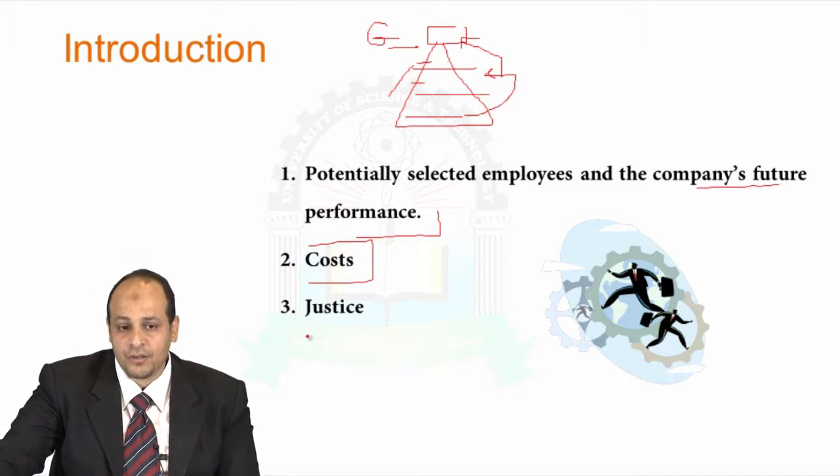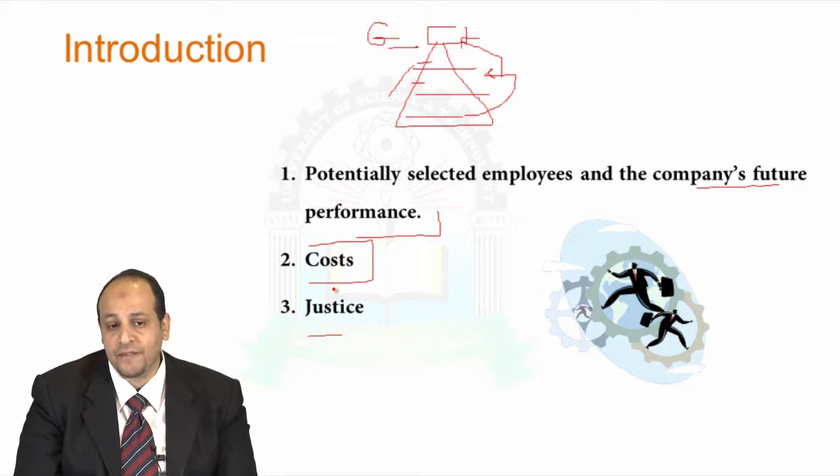Another issue that should be considered when selecting is justice and fairness. So through the standards set by the company, the selection process should be fair enough to choose people who are worth the job.